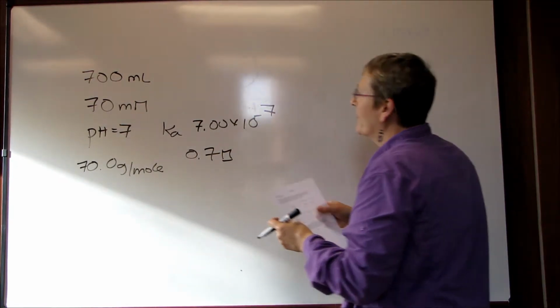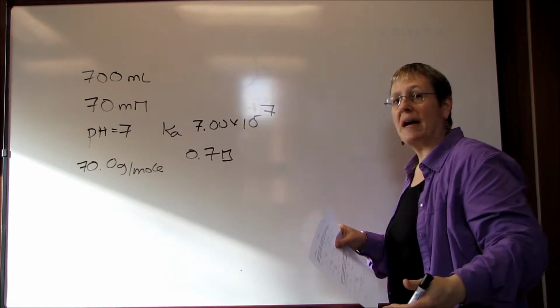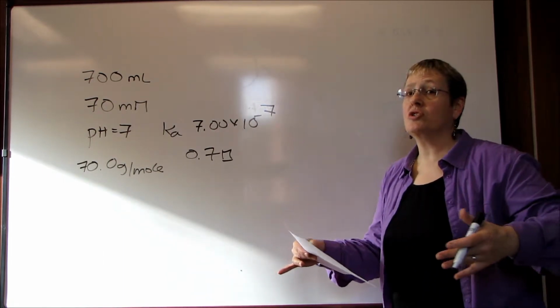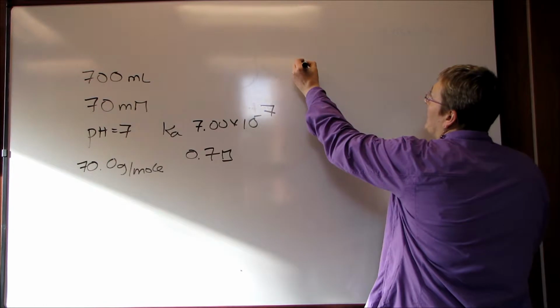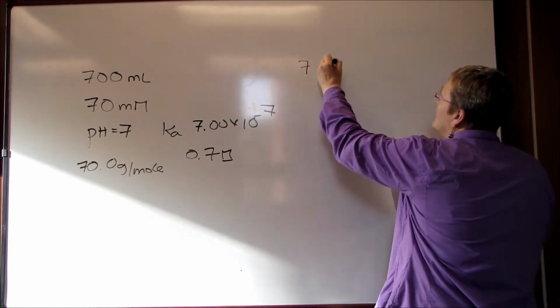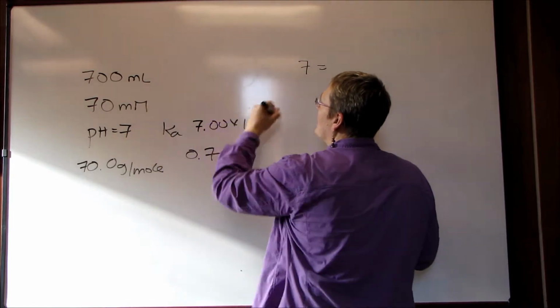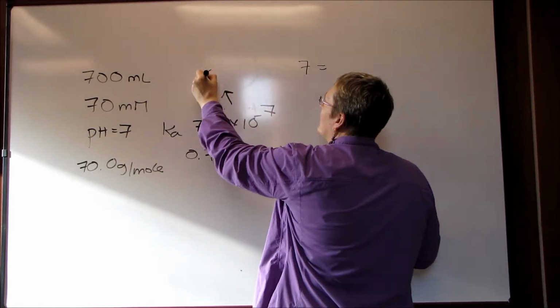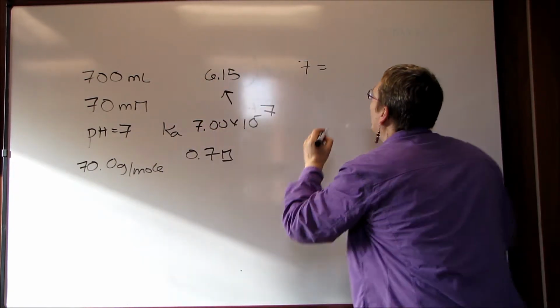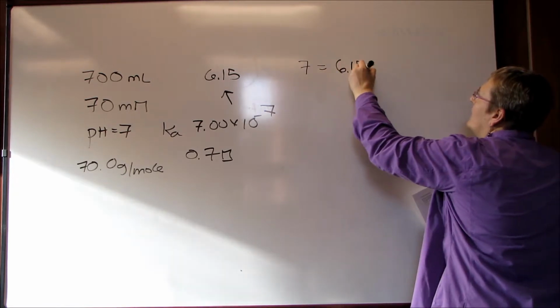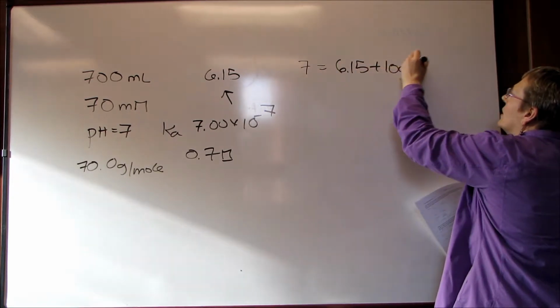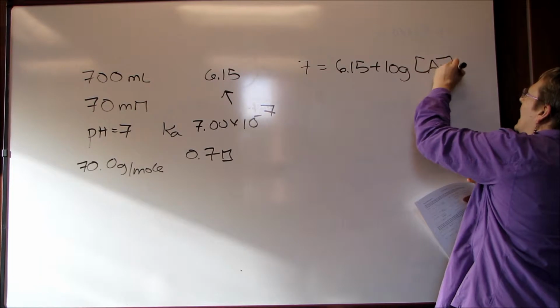Okay, so the first thing we have to do is a Henderson-Hasselbalch to figure out what our ratios and concentrations are. We'll do that by putting in the pH of 7 is equal to the pKa. Oh, we got to figure that out. We take the negative log of this number, and the negative log of that number is 6.15. So we've got 6.15 plus the log of A minus over HA.